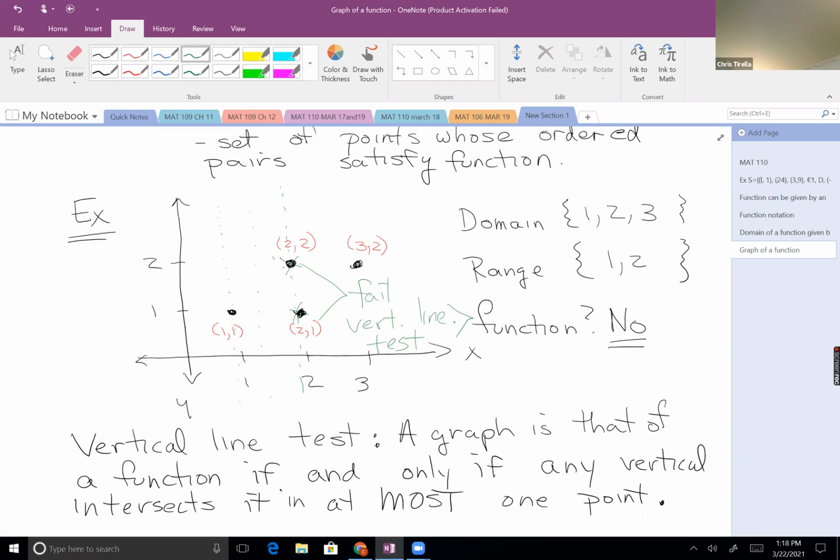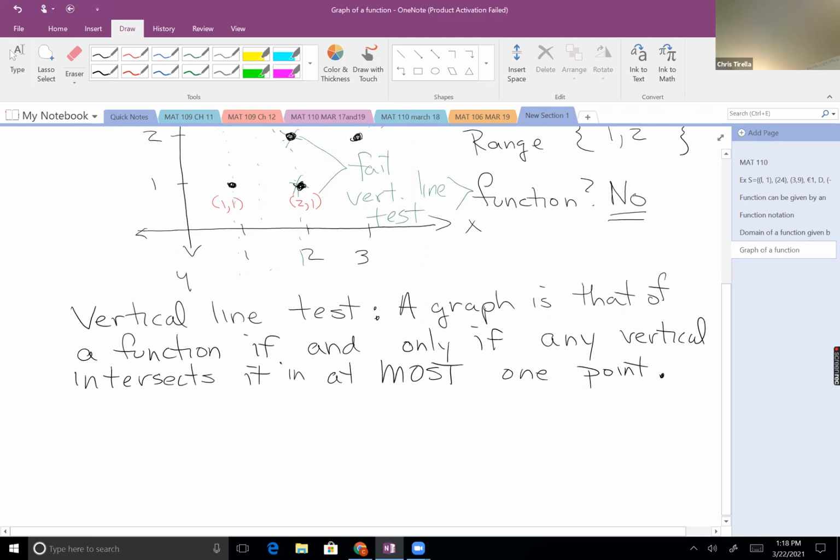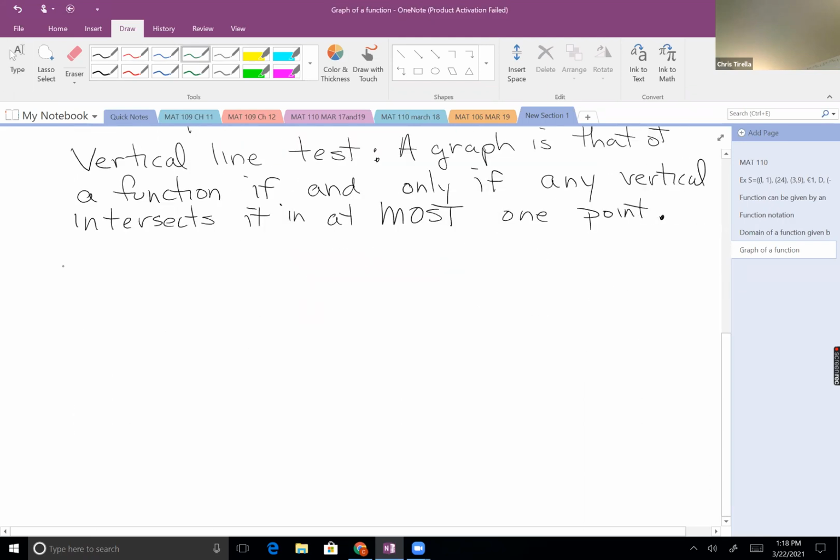Sometimes it's easiest to tell if something is a function if I look at its graph. So for example, I'm wondering, is each graph that of a function?